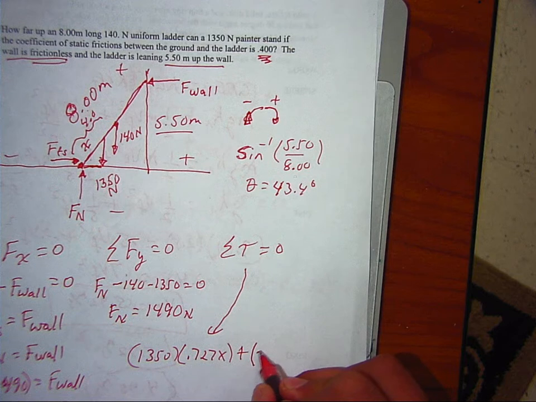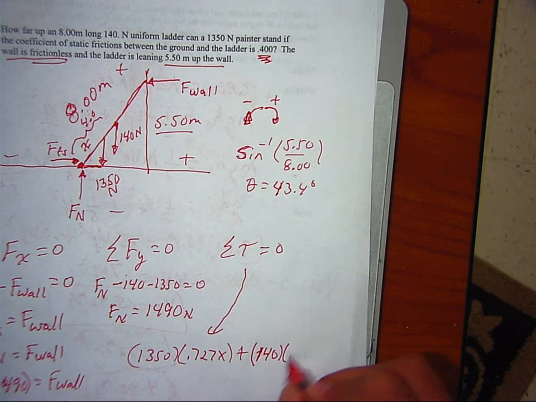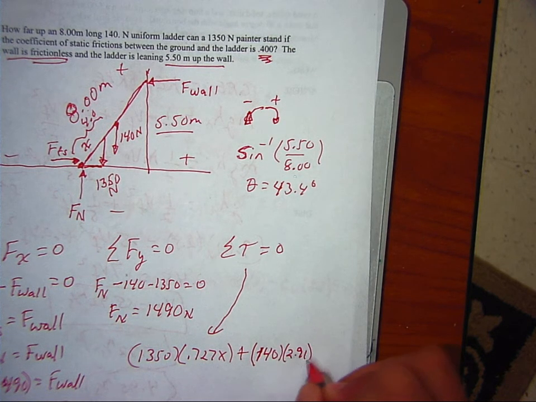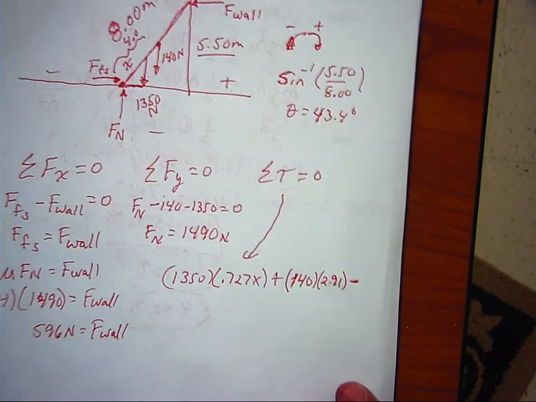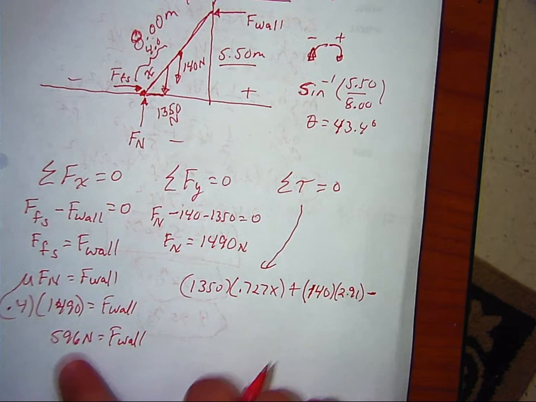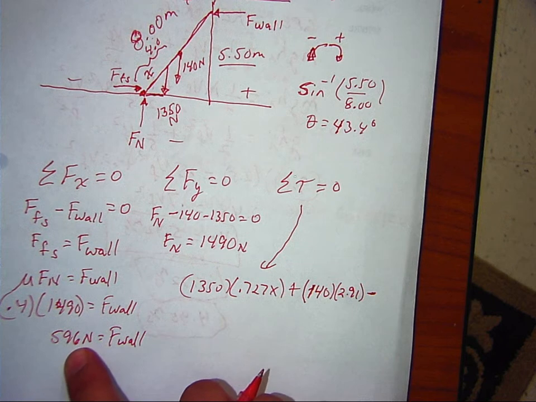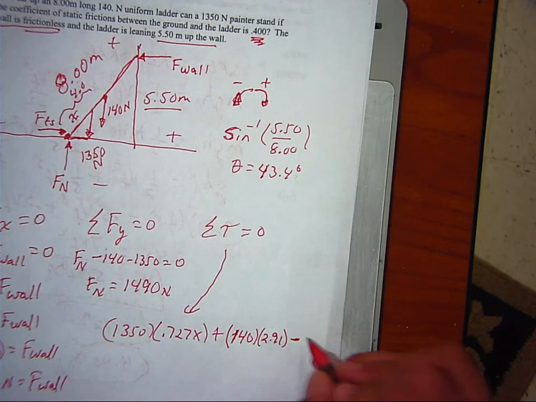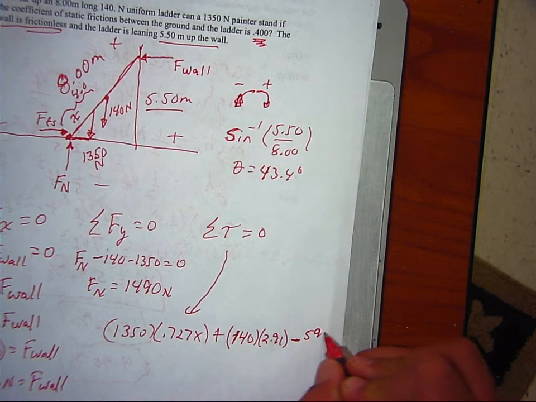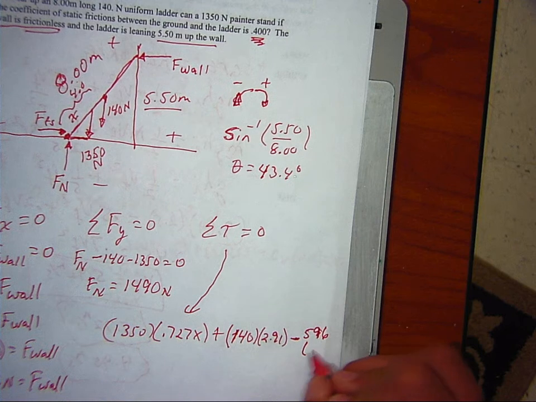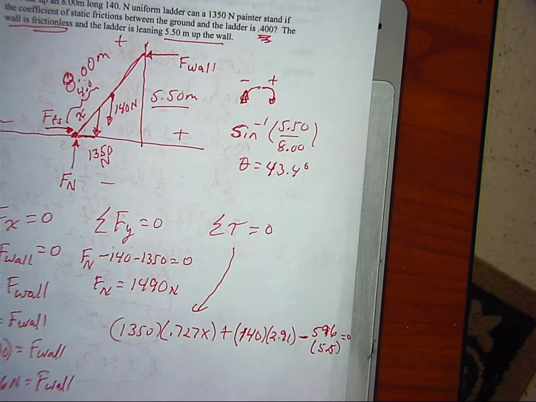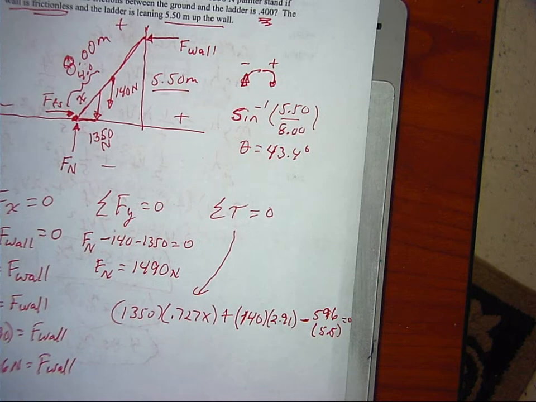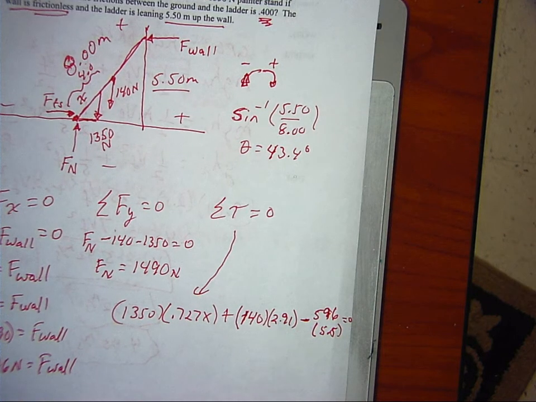So 140 is the force, 2.91 is the distance, minus force of the wall, which we found in this part, 596 times its distance, 5.5. All right, we have one unknown. Life is good. So now we solve.